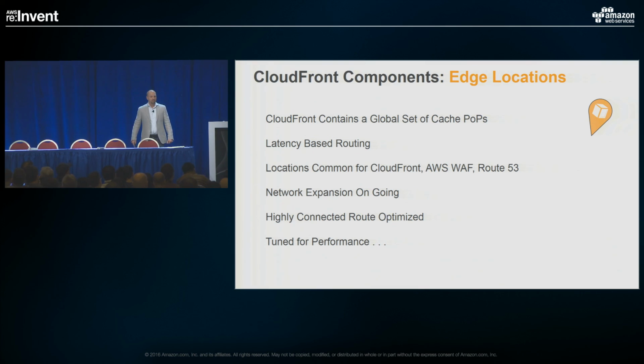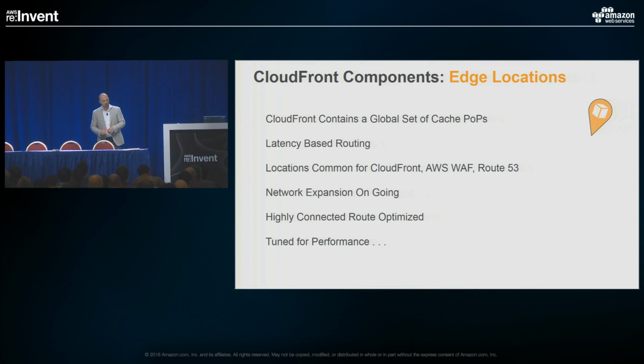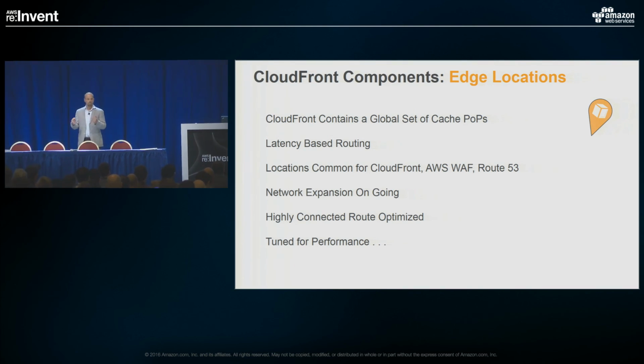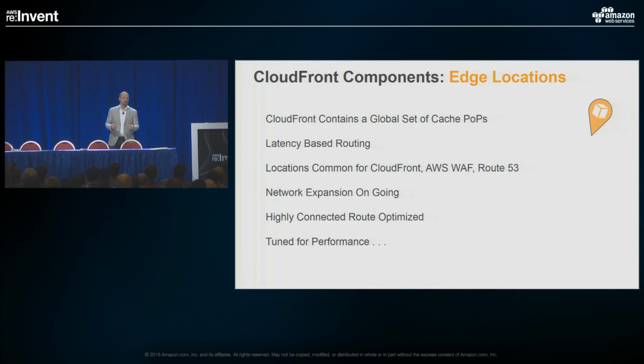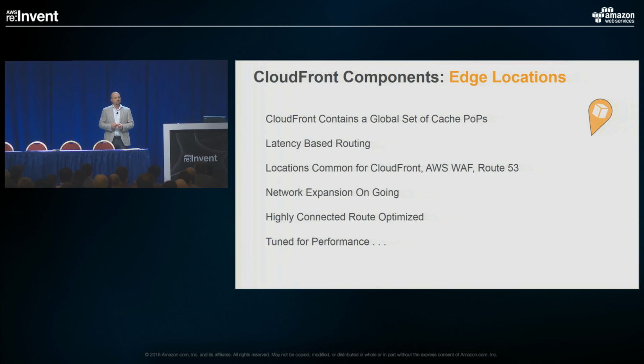So the edge locations, this is really the big component in terms of a geography perspective. So we have a global set of edge locations. When a request comes into CloudFront for your content, we route to the least latent or the best performing CloudFront distribution node. And that may or may not be the one that's closest in terms of a geography perspective. It likely is. But in the event of high web traffic or in the event of an outage, then we'll route you to the least latent performing node.